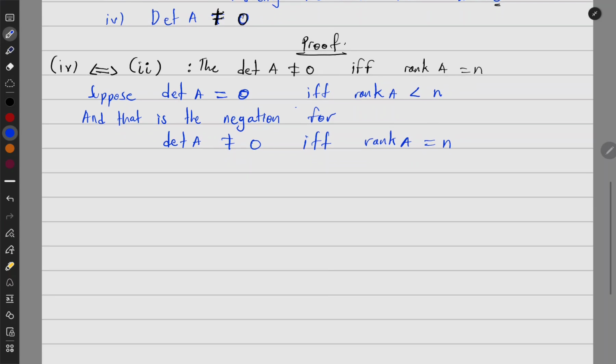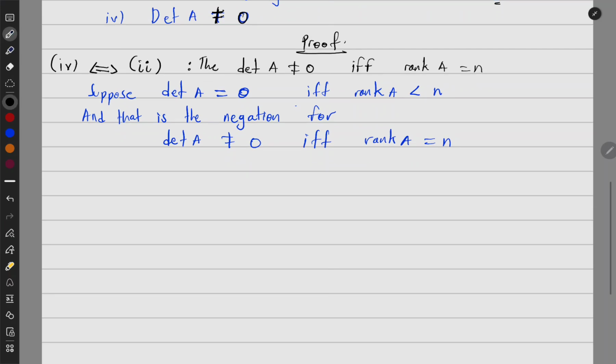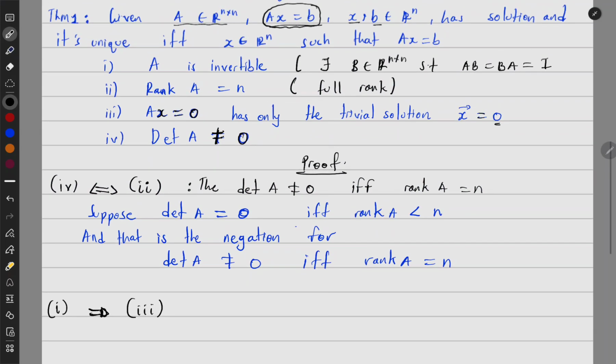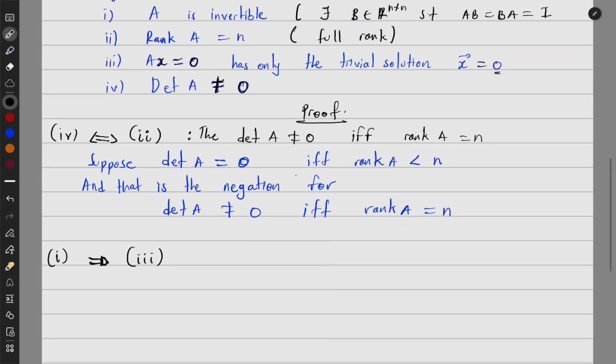So then we can also show another one. You see Roman numeral 3, 1 implies, now this time I'm saying implies, I'm not saying if and only if, Roman numeral 3. So what does this mean? Roman numeral 1 implies Roman numeral 3. What does Roman numeral 1 say?